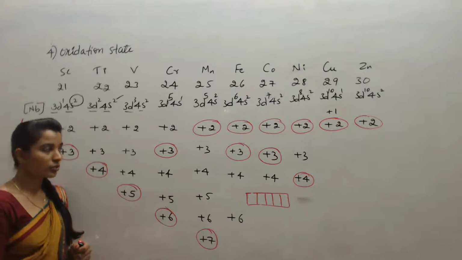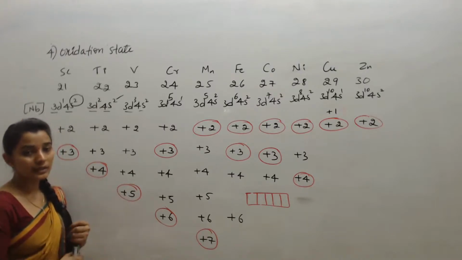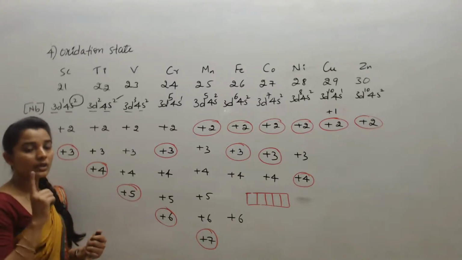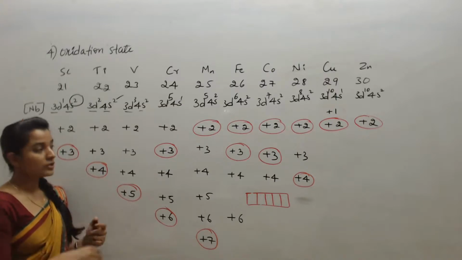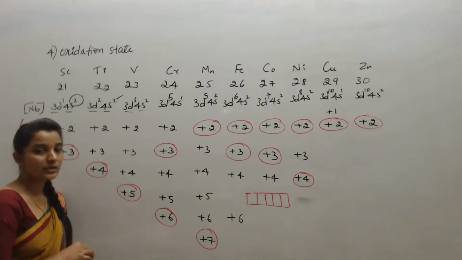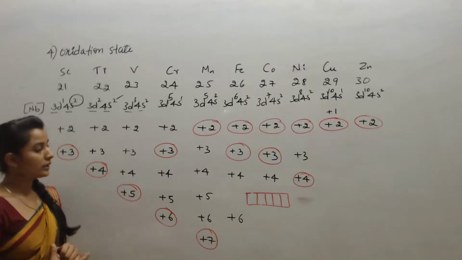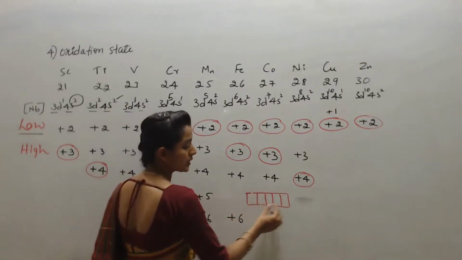So then what happens, students? These act as catalysts because they have variable oxidation states and the capacity to donate or accept an electron. This is one reason why the d block elements are most preferably used as catalysts. Another thing is they have vacant d orbitals.